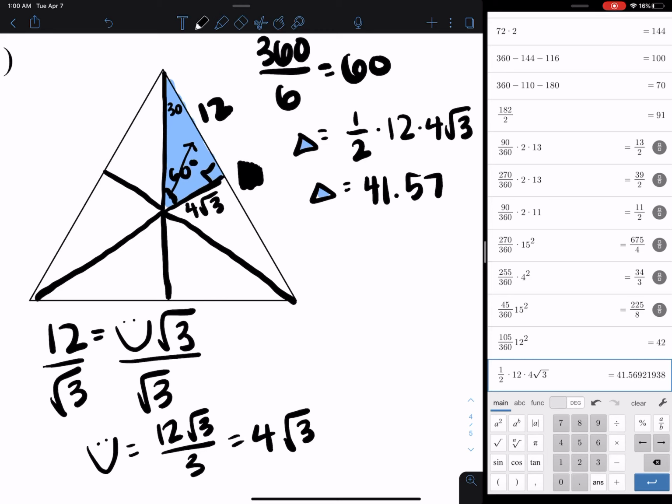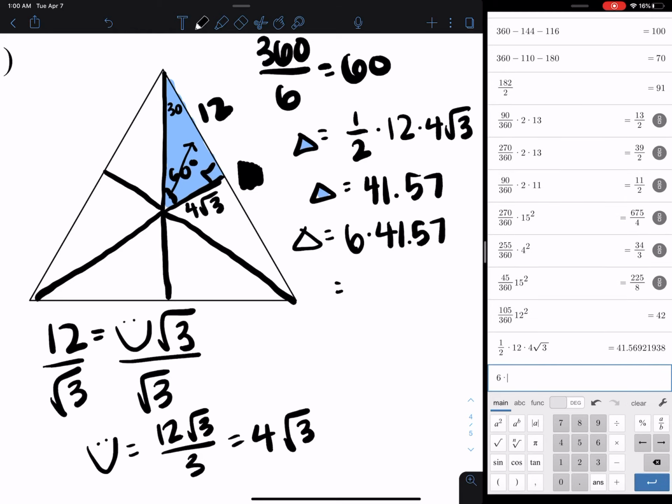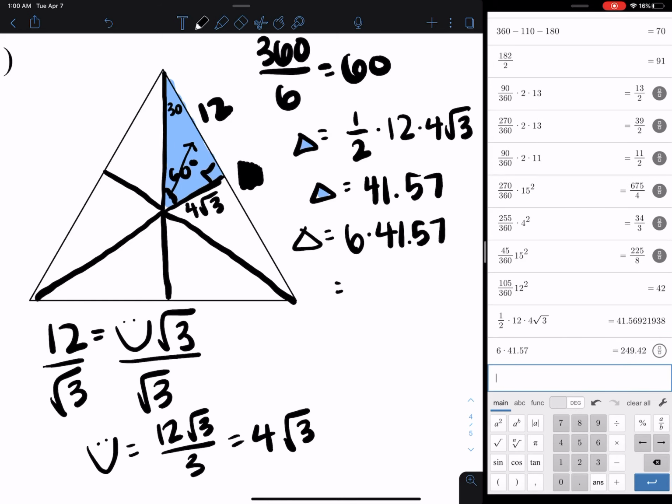Now the area of the big shape is 6 times that, because we have 6 little blue triangles in there. So I'm going to do 6 times 41.57. The answer that you should see on the test is 249.42.